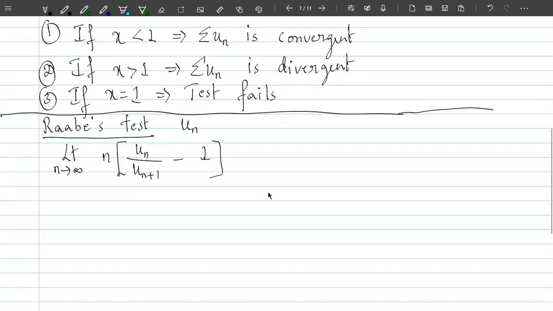And if the value of this limit is greater than 1, we say that the series un is convergent. If the value of this limit is less than 1, we say that un is divergent.